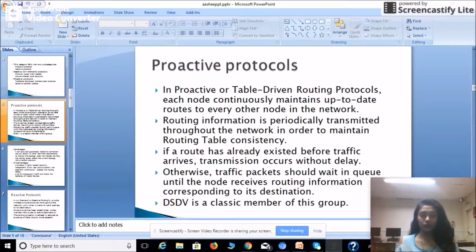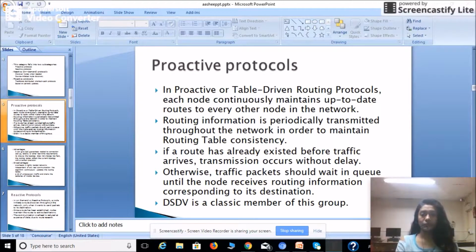Proactive protocols are also known as table-driven routing protocols. In this protocol, each node continuously maintains up-to-date routes to every other node in the network. By this, we mean that every node regularly maintains its information on how to reach another node in the network.